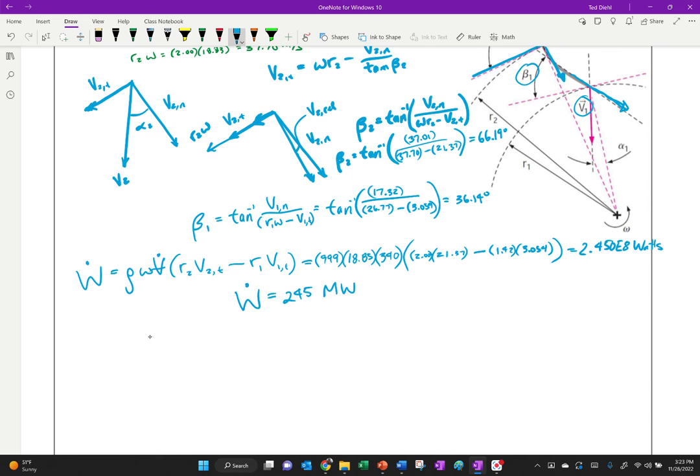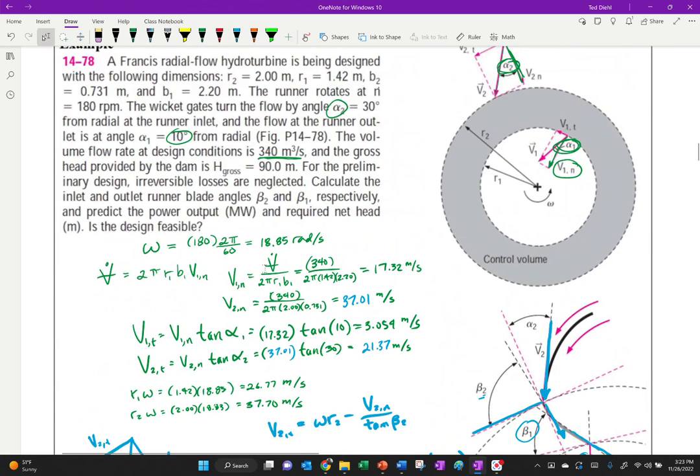And then we want to take a look at what the gross power would have been, which we could go H gross that was given up above. That was like the 90 meters.